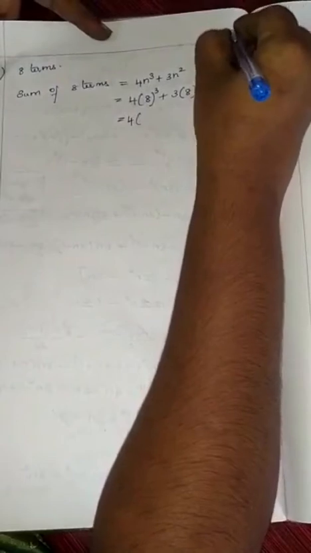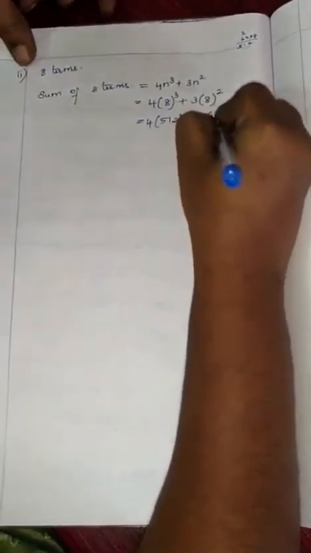4 into n cube is 8 cube, plus 3 into n square is 8 square. So 4 into 8 cube: 8 8s are 64, 64 into 8 is 512. Plus 3 into 8 square, 8 8s are 64.